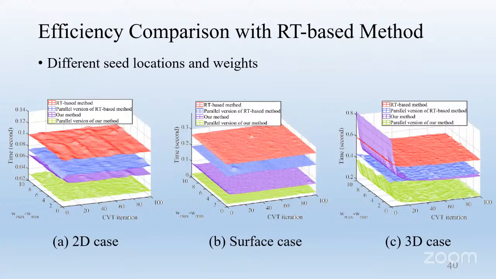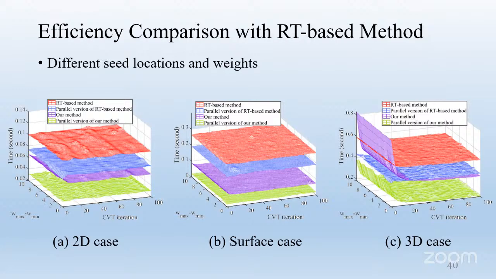Here, we compare our method with the regular triangulation-based method. We first generate 100 sets of seeds by using the central Voronoi tessellation method, and each of the sets is then attached random weights in 100 different ranges. And we plot their computation time in this figure.